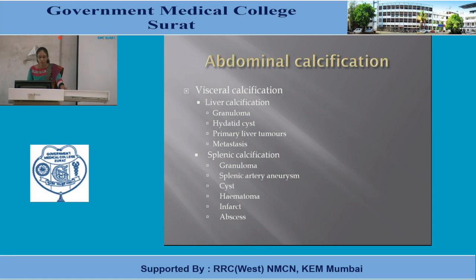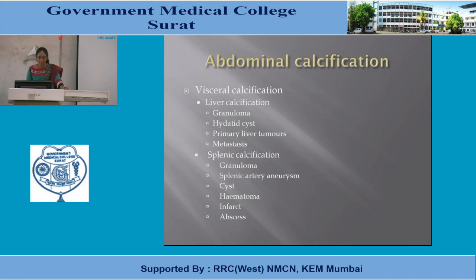Other is splenic calcification. Causes of splenic calcification may be granuloma, which can be tuberculous or fungal, and splenic artery aneurysm, in which cases we can find curvilinear calcification.